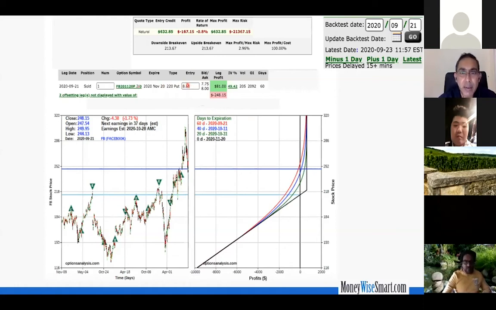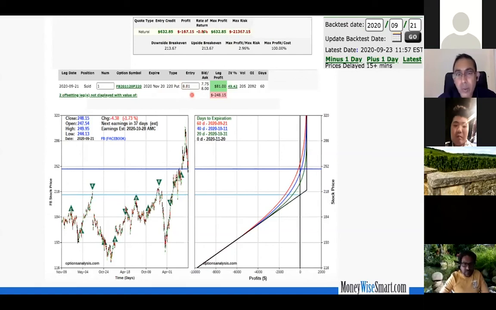I think I changed the figure or changed the date, because this entry credit should have been $881. So maybe I picked up a wrong figure. So please read this as $881. My apologies. So by selling this one put option, I'm bringing in $881 of premium.